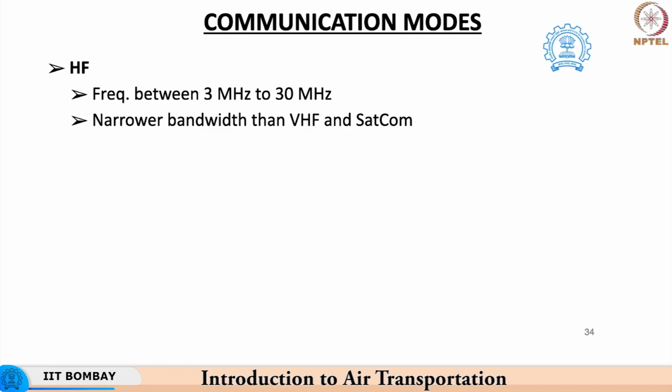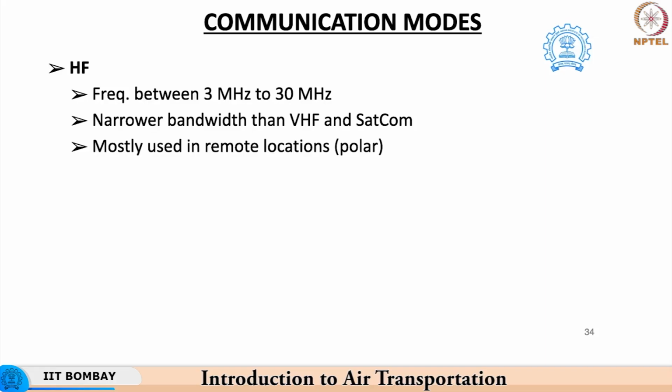When we talk about a narrower bandwidth, what we mean is that the number of frequency allocations possible with HF communication mode is lesser compared to VHF and SATCOM. However, because of this narrow bandwidth, the interference with other types of communication mode is drastically reduced.